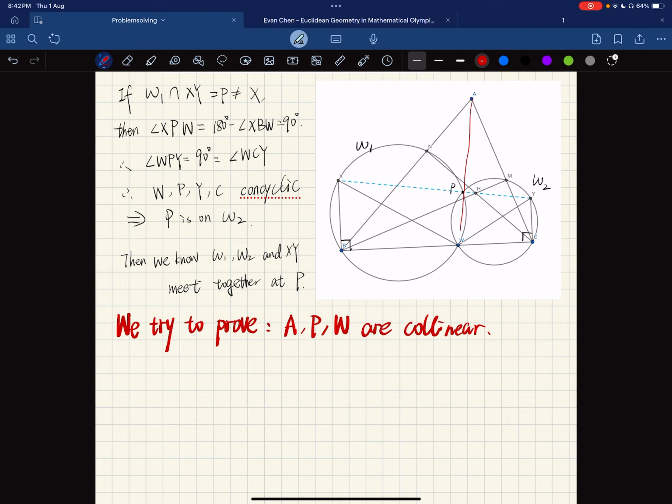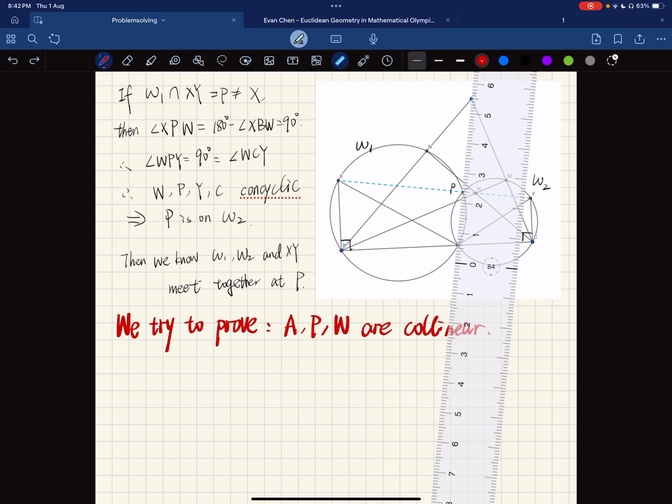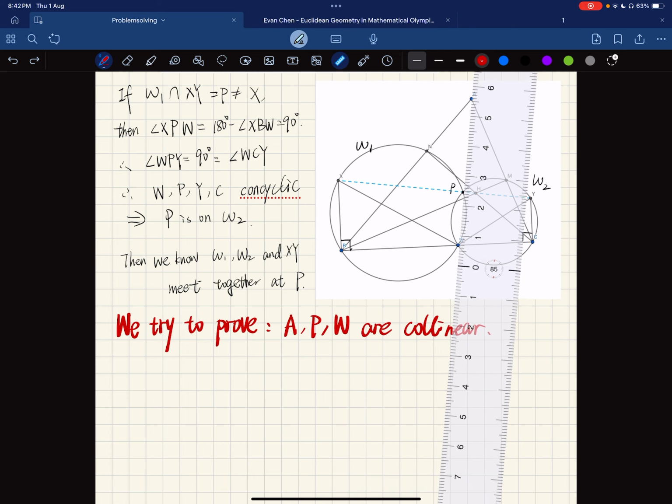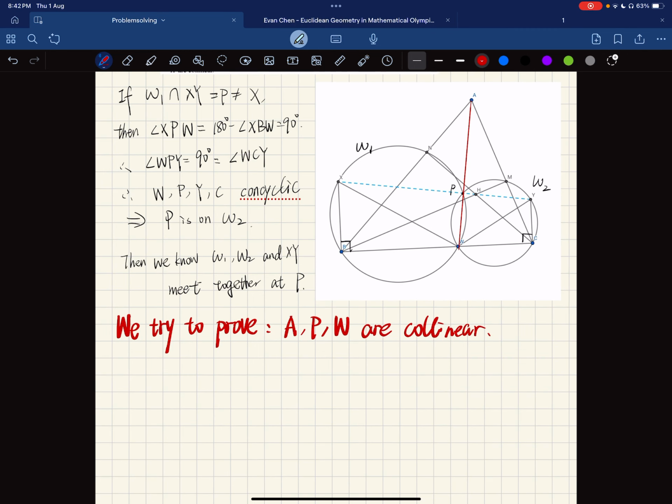If we connect the points, we know that PW is the radical axis of omega 1 and omega 2.